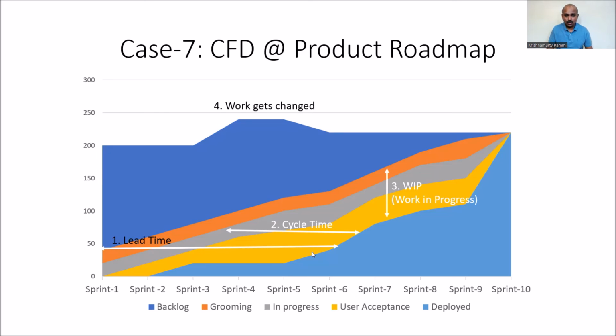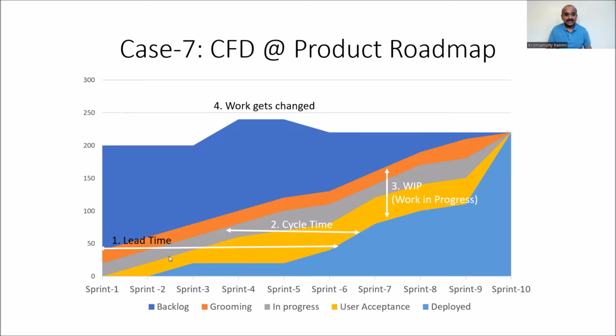So lead time is always greater than cycle time, right? Cycle time is when a developer picks up user stories, right from development started till it is deployed. That's cycle time. Whereas lead time is right from the feature is added to backlog till it is pushed to production. That's called lead time.